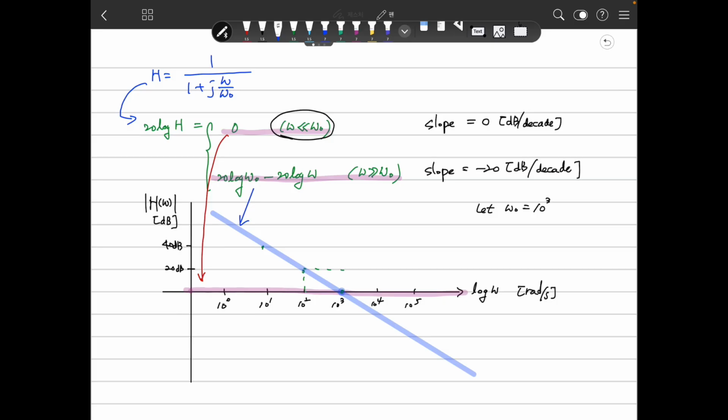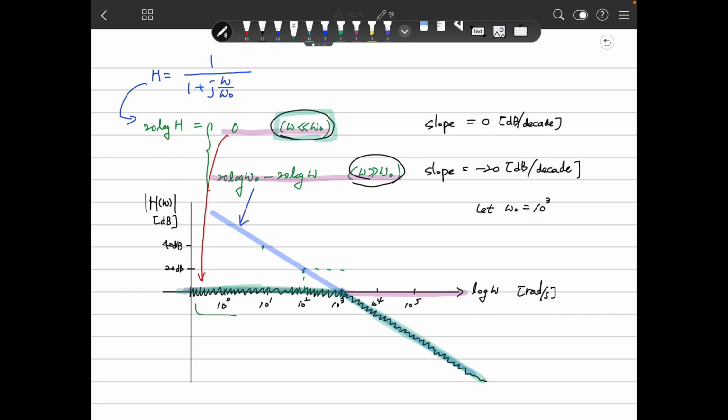So what is the real solution when frequency is low in this area? This is right. And when frequency is higher than omega 0, what is right? This is right. So the final solution is this and this.